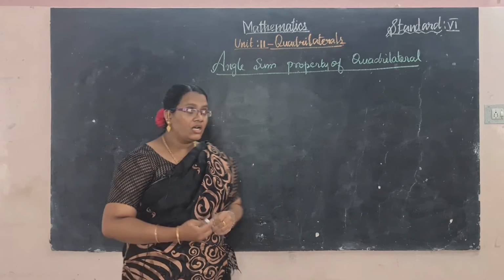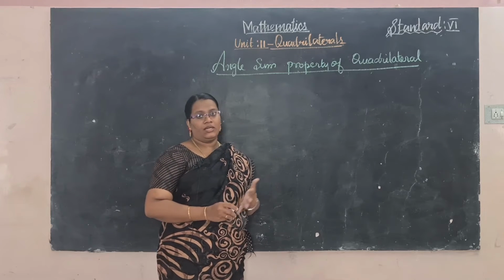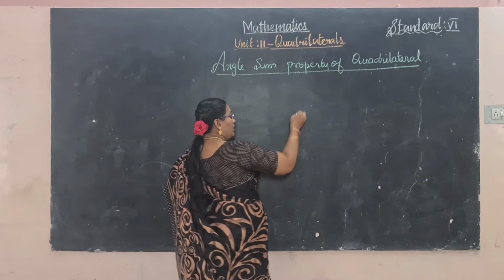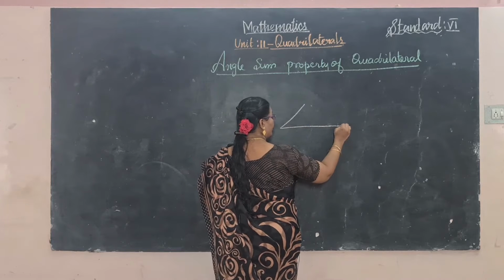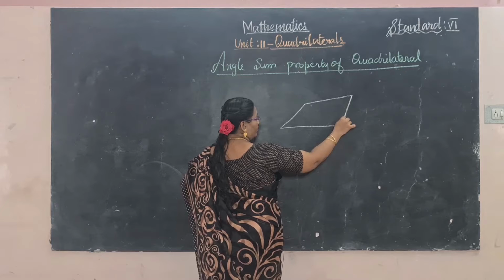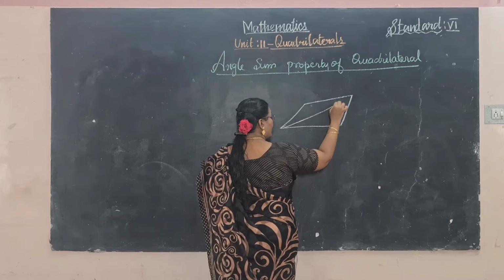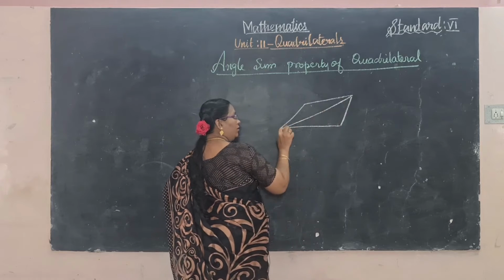Angle sum property of quadrilateral means the sum of the 4 angles is 360 degrees. Already you know that. See, I have drawn one quadrilateral with a diagonal.